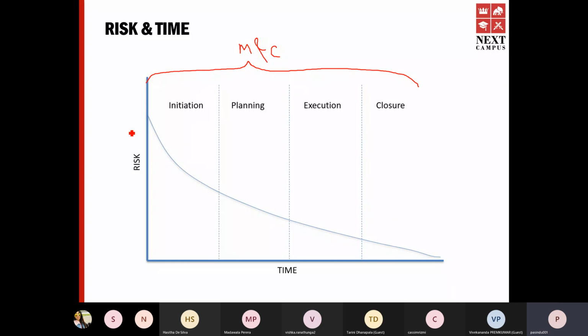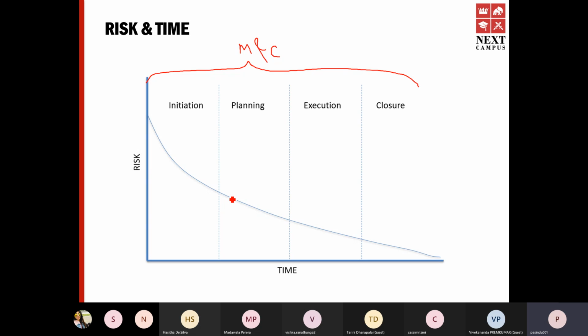Now, let's say you do the initiation stage and come to the planning stage. In the initiation stage, you agree what you're going to do, you spend a lot of time and energy. You finalize the scope, the timeline, the budget. Then you come to planning, where you say this is how I'm going to build the house, these are the resources, these are the stages.